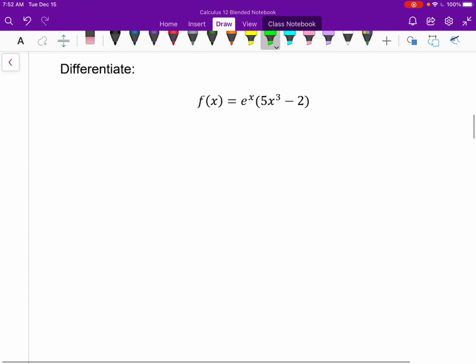Here I have a function that I can visualize as an exponential function times a cubic function. There are other things I could do. I could distribute this out, and there's nothing wrong with that, but I don't think it's going to be helpful. In fact, if I did that, I'd still have to use this rule. So I'm just going to think of it as an exponential function times a polynomial function.